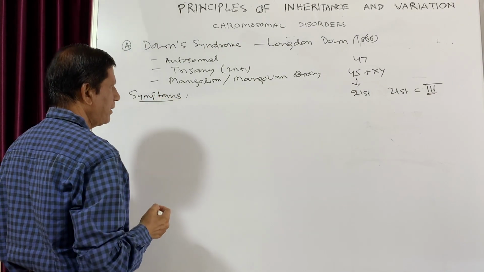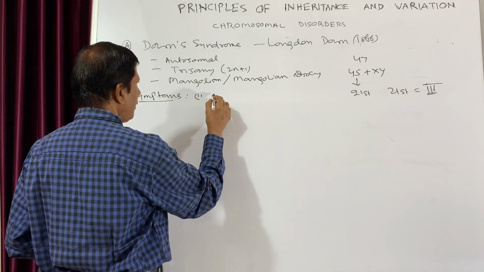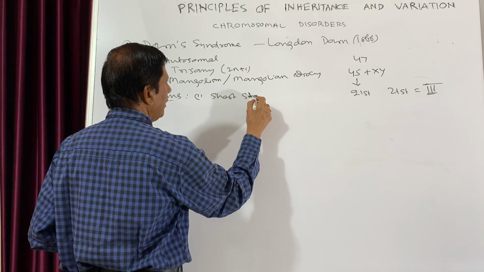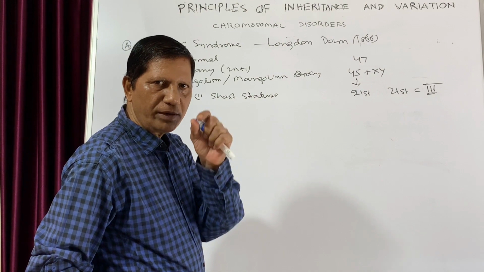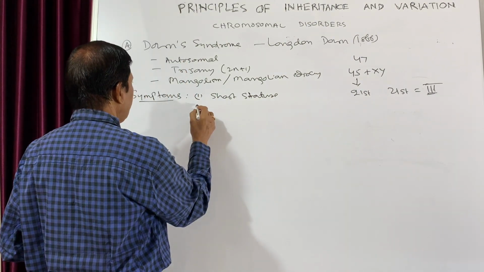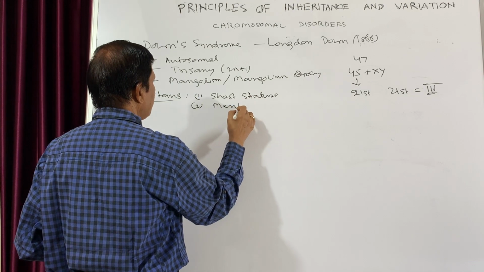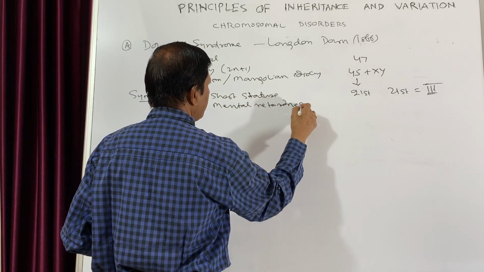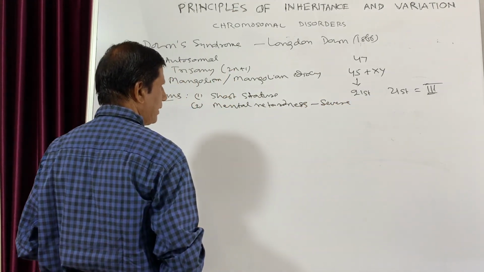The different symptoms are: the first one is short stature. That means the height of the person will be very less. Then the second point is mental retardedness. Very severe mental retardedness may also take place.